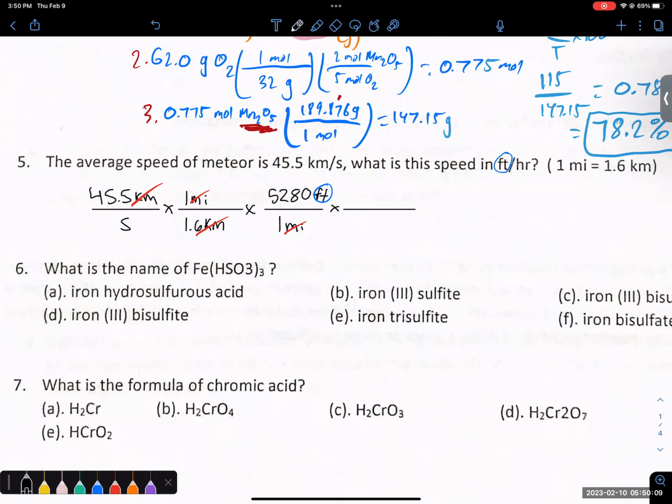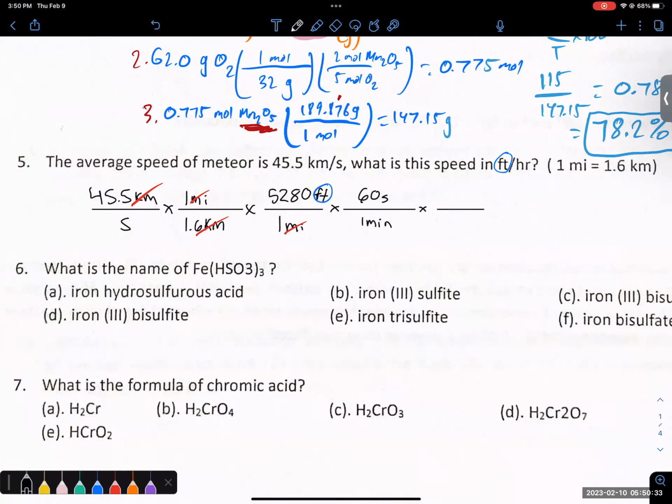Next thing is to get to the hours. Right now we're in seconds. So now let's start thinking of things we know, everyday things. We know that there's 60 seconds in 1 minute. Or you could have also said that there's 3,600 seconds in 1 hour and go straight to hours.